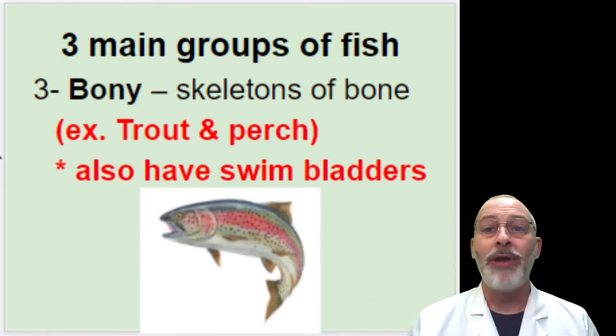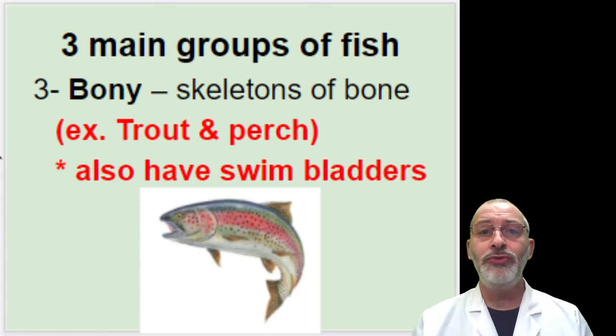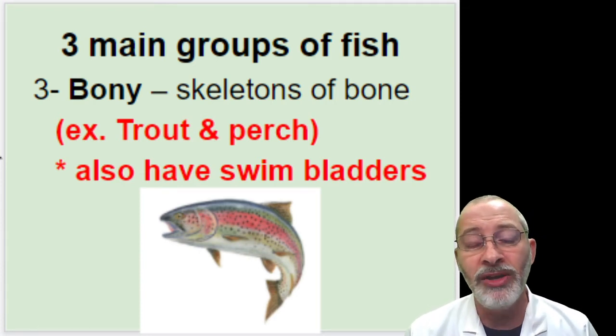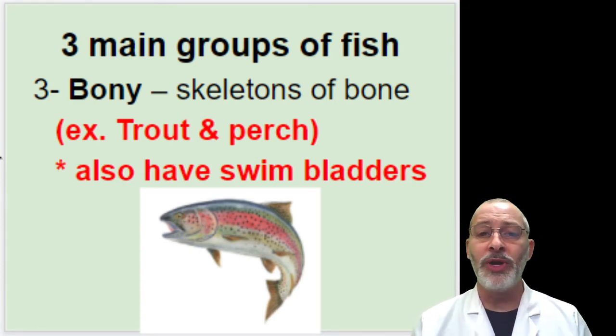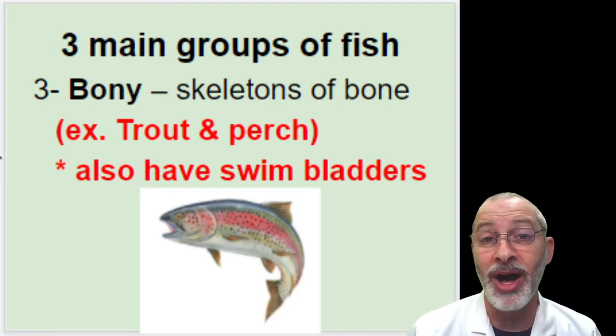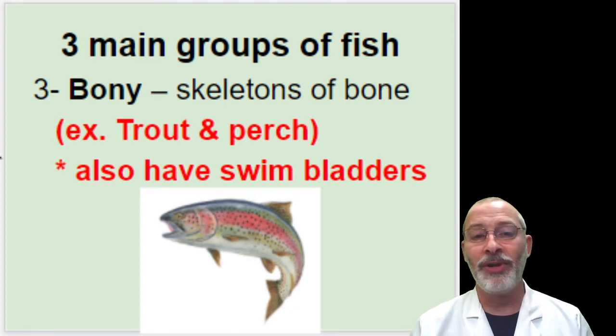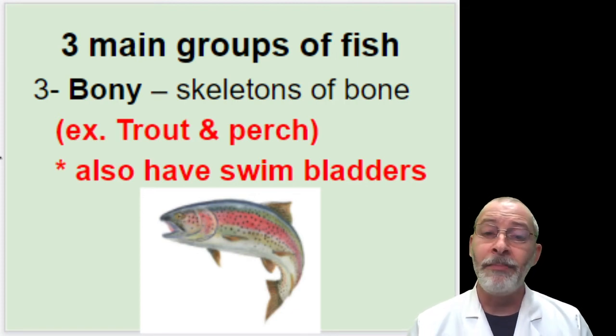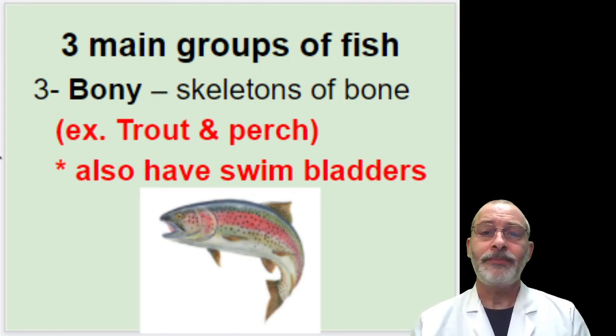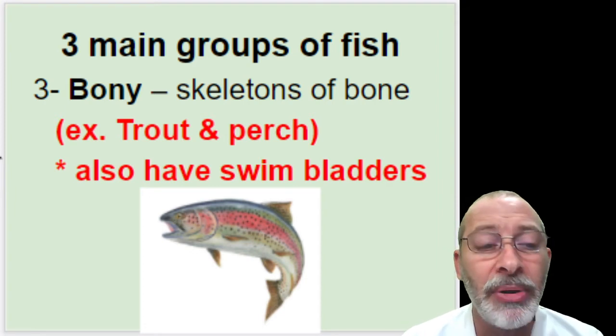So, trout and perch, two famous examples of bony fish that you might be familiar with. If you've ever gone fishing in a pond, you've probably caught perch or sunfish, another example of bony fish. And bony fish have a swim bladder.